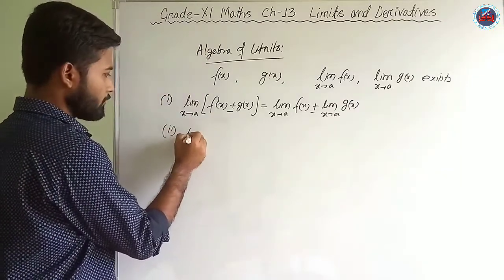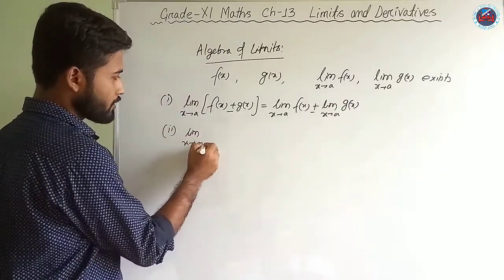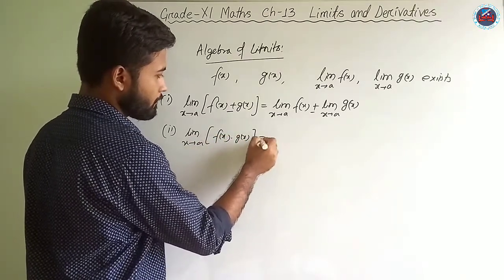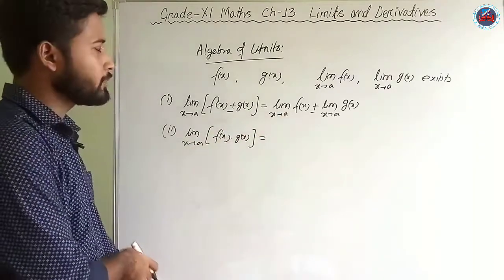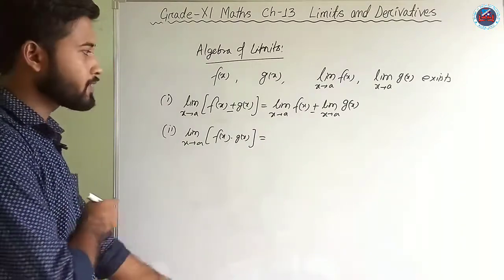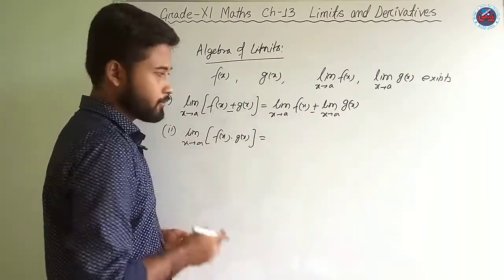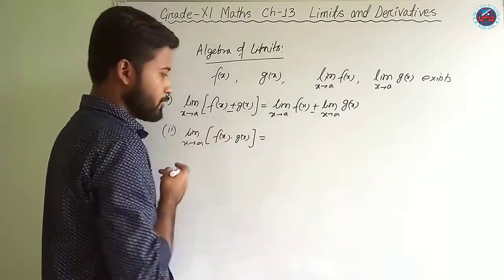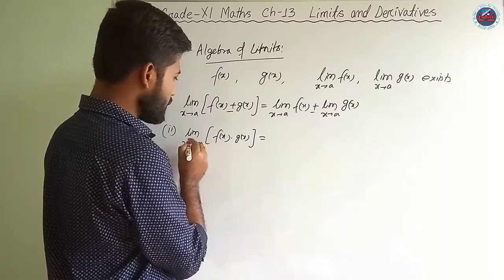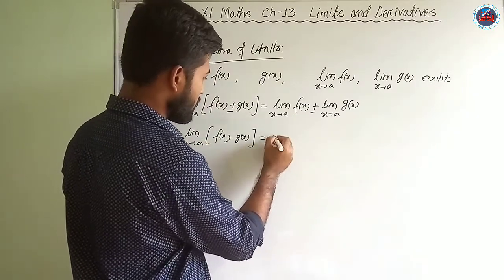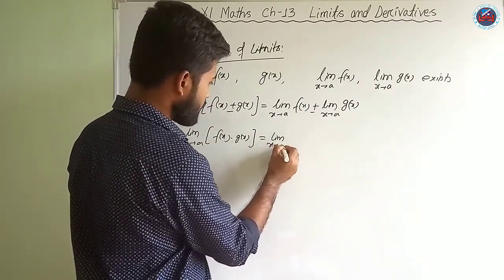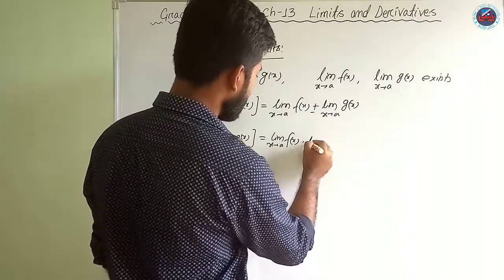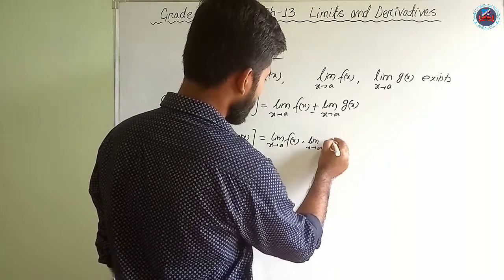Number 2, we have the limit as x tends to a of f of x into g of x. You can check this out. There are many problems in your exercise, also in the examples. You can put any function there and see whether these two parts are the same or not. This will give us the limit as x tends to a of f of x into the limit as x tends to a of g of x.